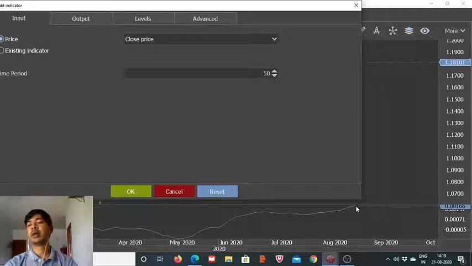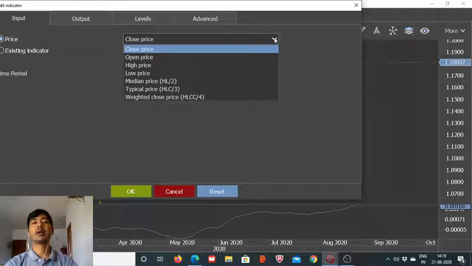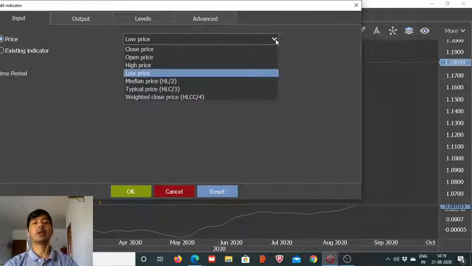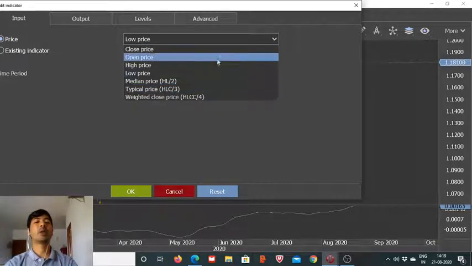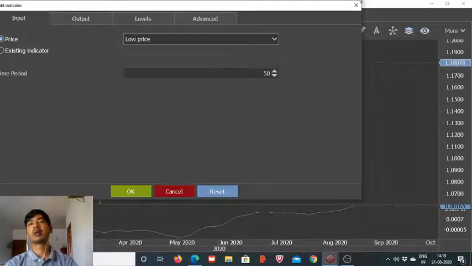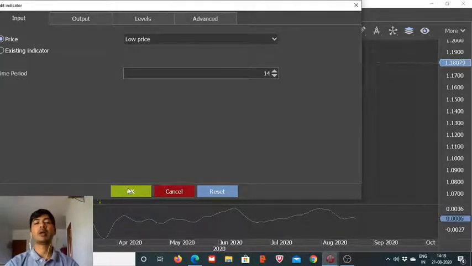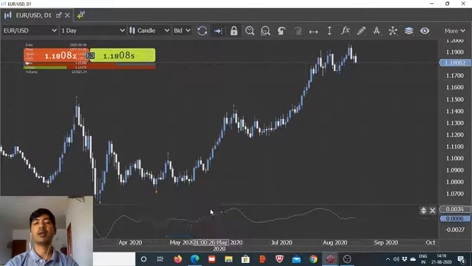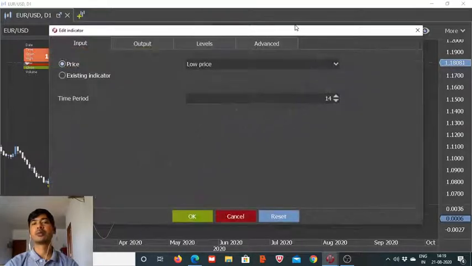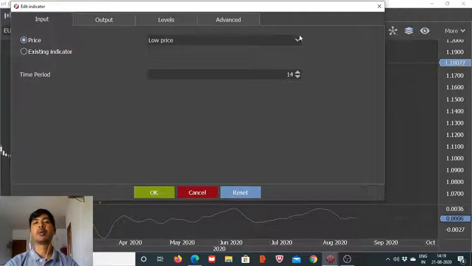Please pay close attention to the output value for linear regression slope. There is a slight change, but since we are plotting this on a longer time frame, the change is not that visible, so let me change this to a lower time frame. Okay, and now again we edit this, and it will be more prominent.